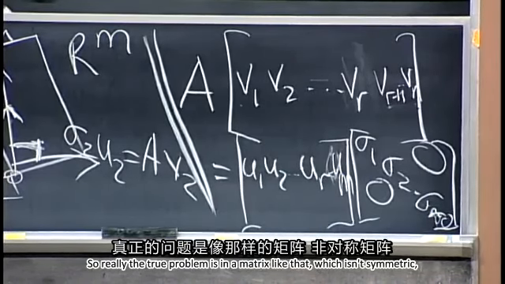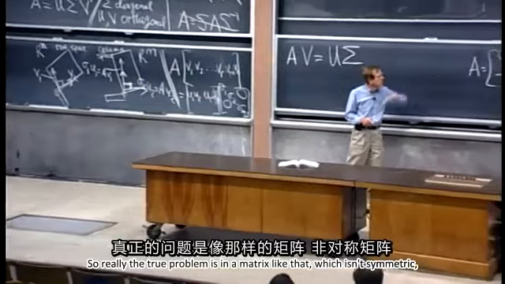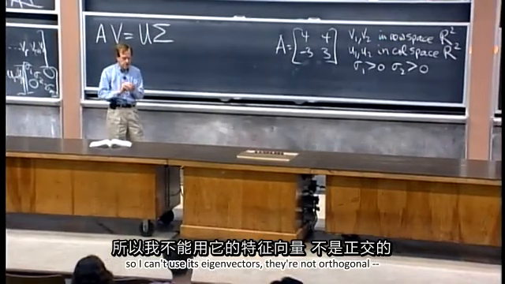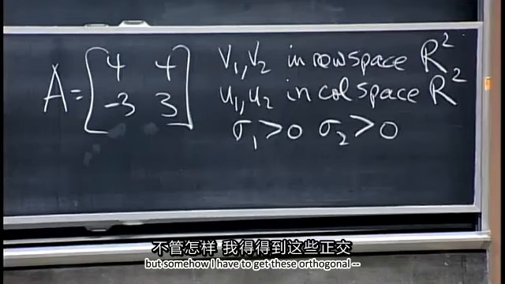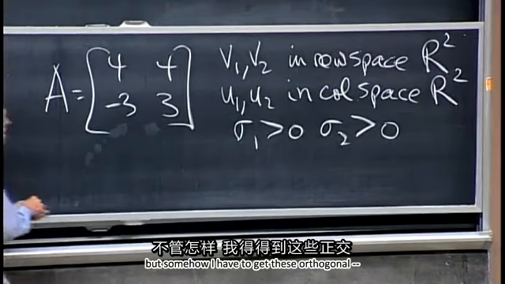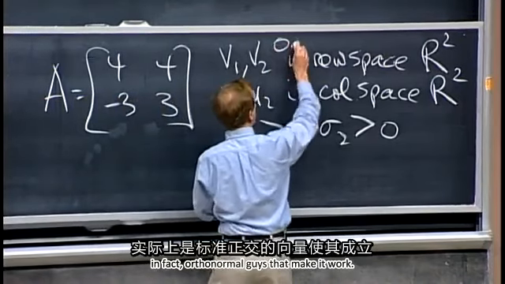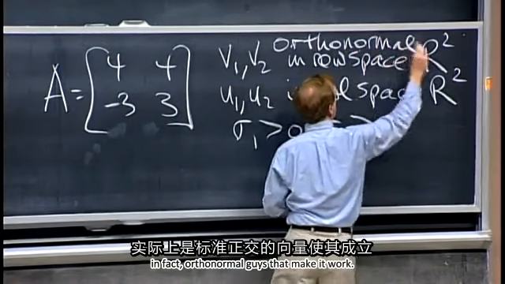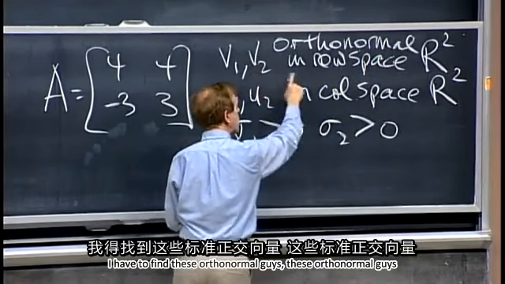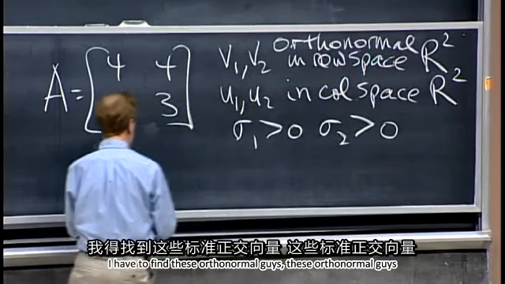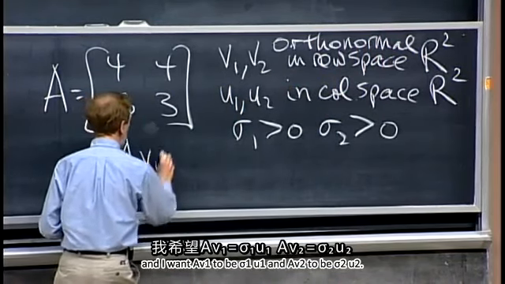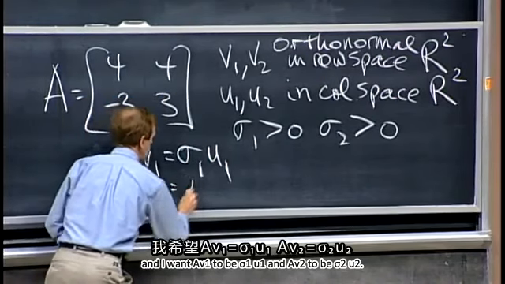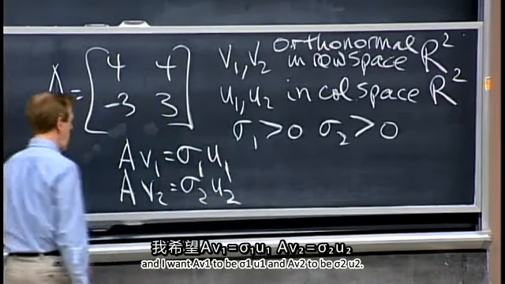So really, the true problem is in a matrix like that, which isn't symmetric, so I can't use its eigenvectors. They're not orthogonal. But somehow I have to get these orthogonal, in fact orthonormal, guys that make it work. I have to find these orthonormal guys, and I want AV1 to be sigma 1 U1, and AV2 to be sigma 2 U2.